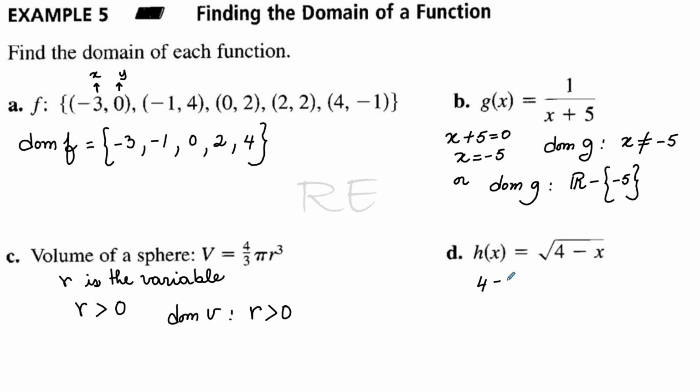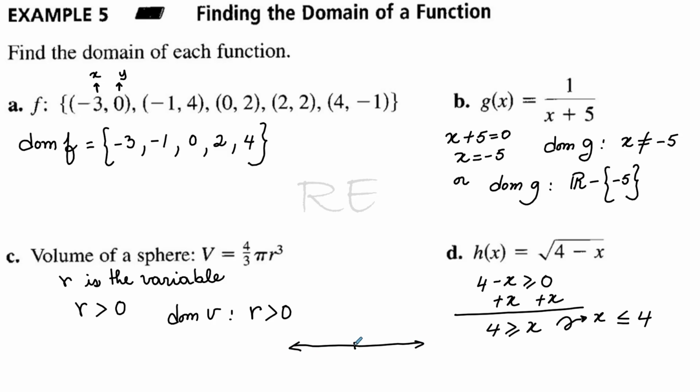The radicand 4 minus x must be non-negative, greater than or equal to 0, for h of x to exist. When we solve the inequality, 4 is greater than or equal to x, which means x is less than or equal to 4.